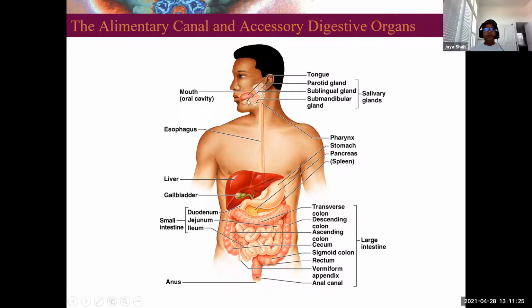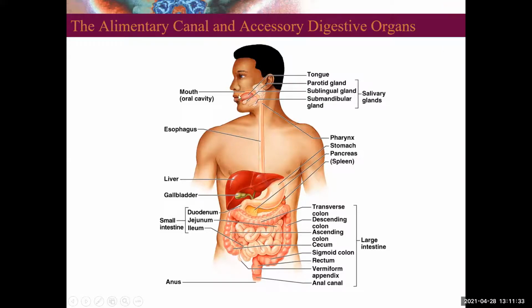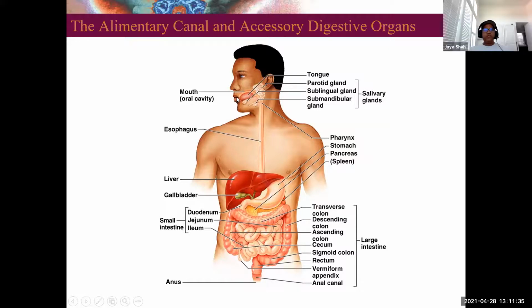So let's see, when we put a piece of bread in your mouth, your teeth first cut it, grind it, make smaller pieces. You increase the surface area of the food, mix it with saliva from the salivary glands, and your tongue moves it and manipulates it to make the bolus. Then it passes through the esophagus.